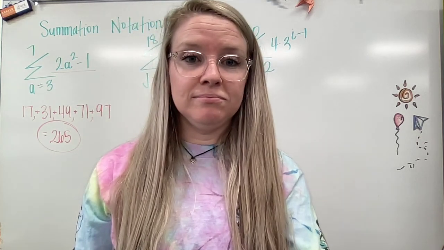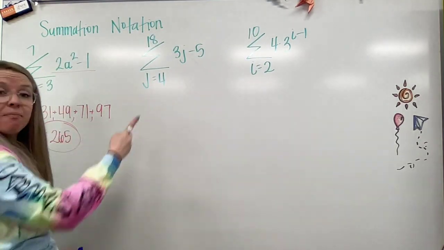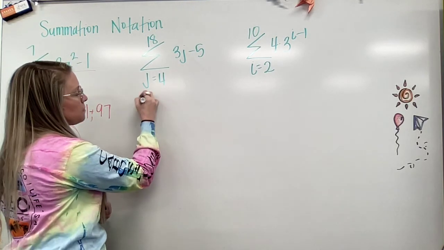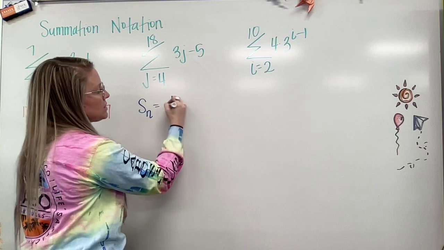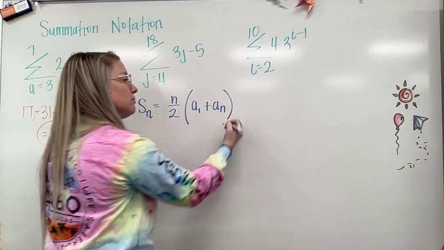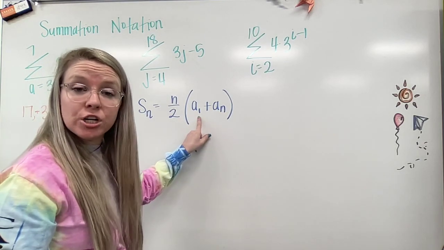That's it. With this one being arithmetic, we have our formula. If you remember, S sub n equals n over 2 times first term plus last term. So I need to know what my first term is.